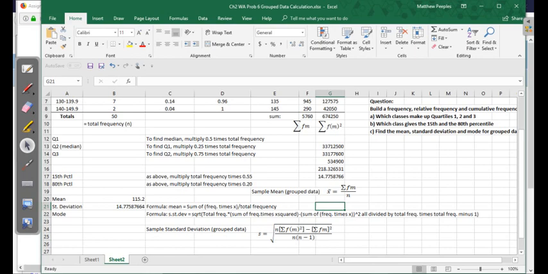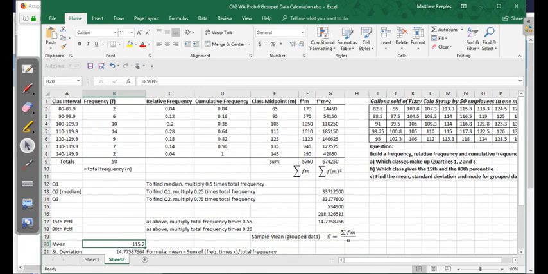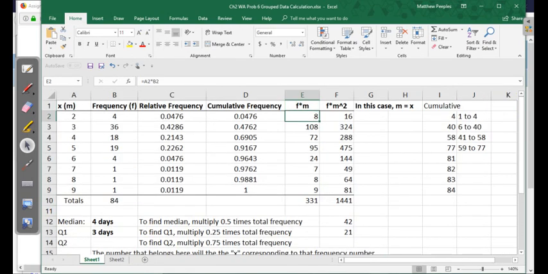So when I found my mean, I took my sum of 5760 divided by, in this case, 50. So what am I going to do right here? Well, I took the product of my frequency times my midpoint. Now, my class midpoint is not a midpoint in this case.